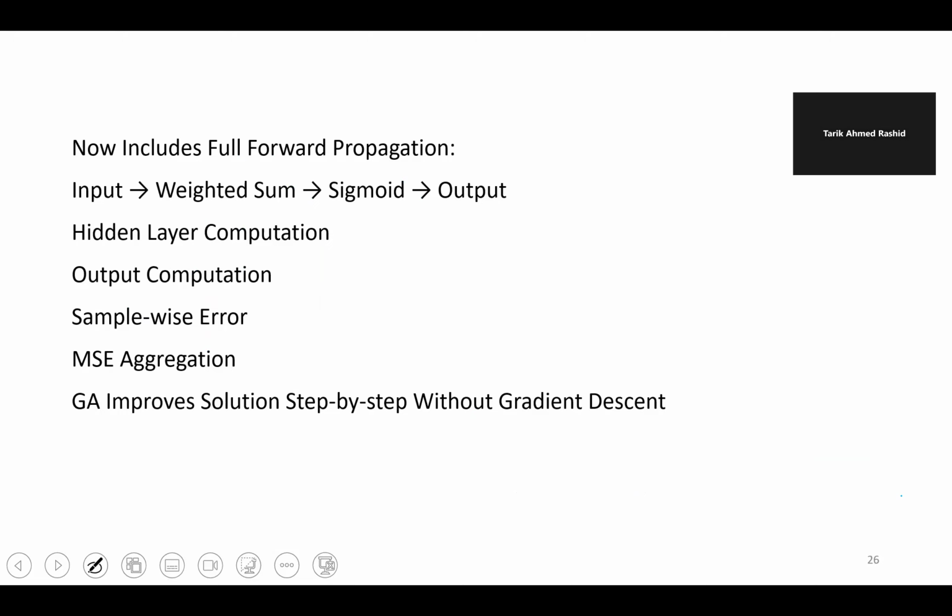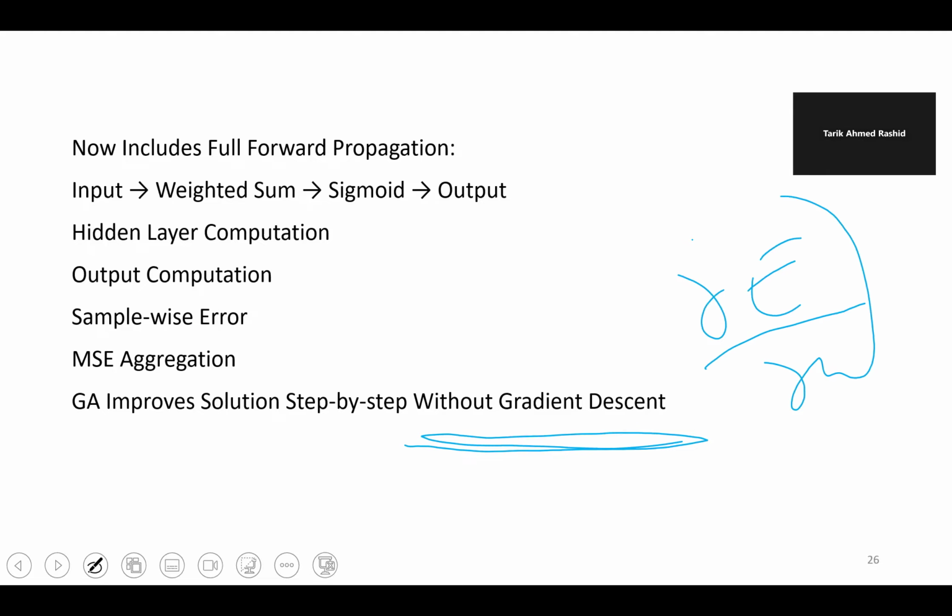Selection, crossover and mutation are done by the genetic algorithm, and for the fitness function the best mean square error is chosen. Without using gradient descent, without using any derivative, delta E over delta W. So there's no chain rule, no backpropagation.